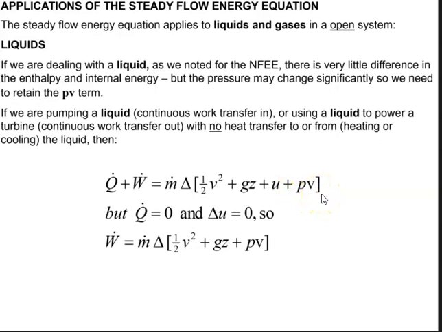U is the internal energy, P is, that should be delta P, a change in pressure, and V is the volume. U plus PV, that part, is known as H, uppercase H, known as enthalpy. What is enthalpy? Enthalpy is the total energy contained in a body.